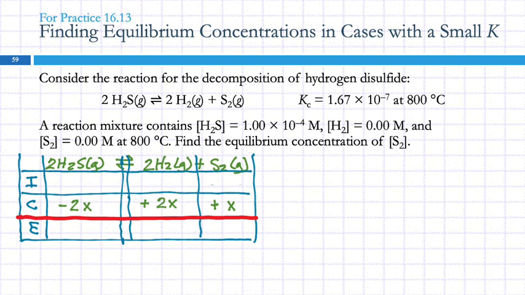Ice table. Put in the initial concentrations. 1.00 times 10 to the minus 4, 0.00, 0.00. We have no products, so these can only go up. So the positive x's are on the product side. The negative is on the reactant side. That is not always the case. Sometimes the negative will be over here and the positive's over there.